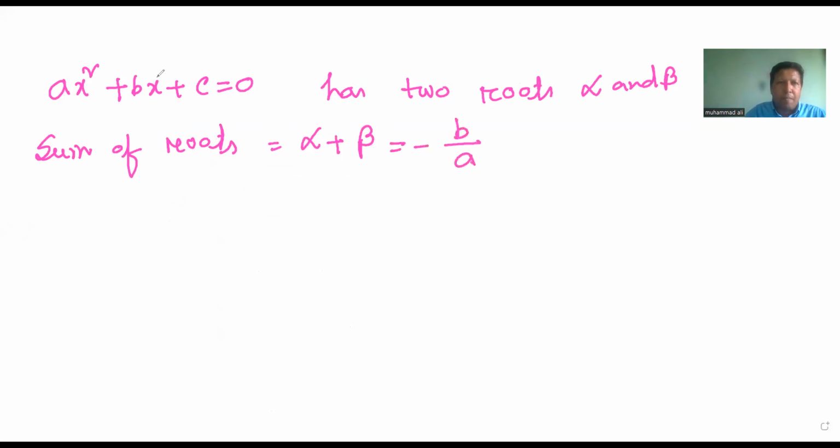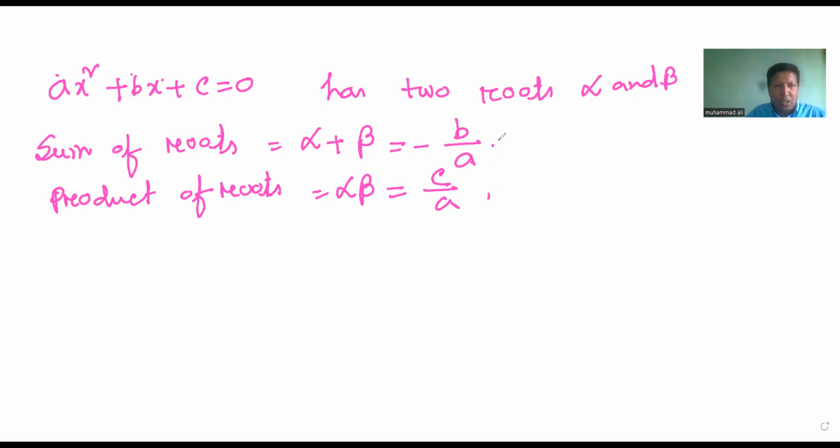One thing you have to remember, the x square coefficient is a, x coefficient is b, and the constant is c. So always the sum of roots, alpha plus beta, equals minus b by a, and the product of roots, alpha beta, equals c by a. So we have to use both of these formulas to find the new equation.